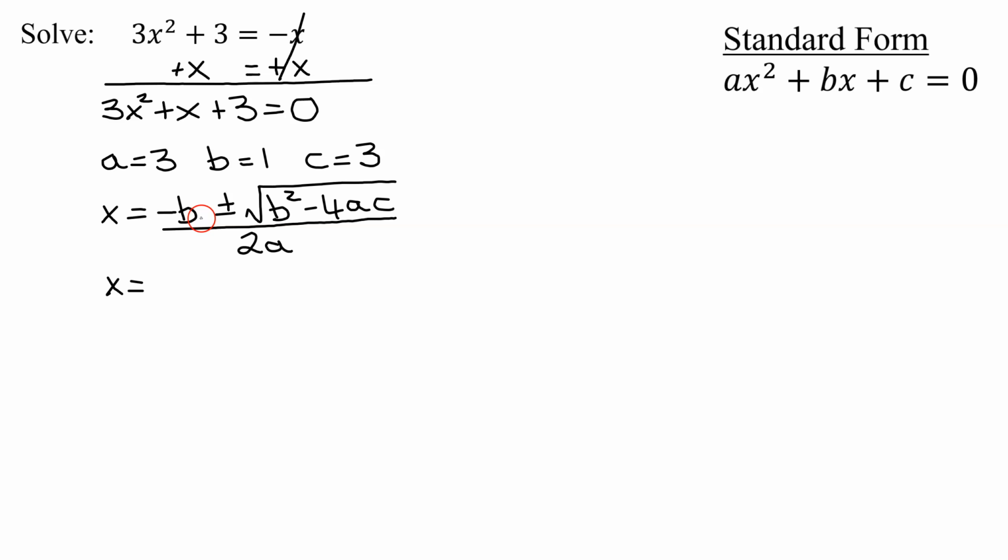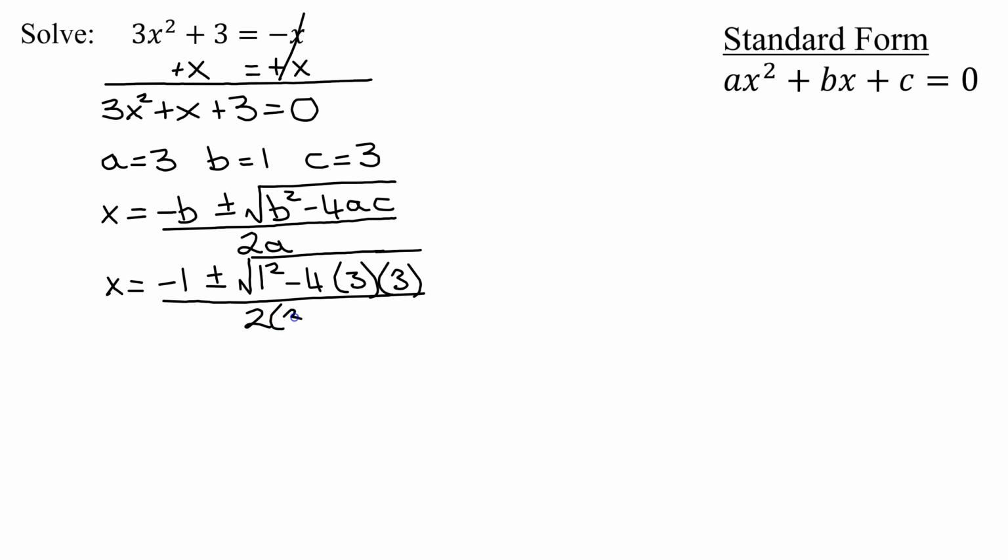So x is negative b, so b was 1, so negative b is negative 1, plus or minus the square root of b squared, b was 1, so it's 1 squared, minus 4 times a was 3, and c was 3. That is all underneath the radical sign, all divided by 2 times a, which is 3.